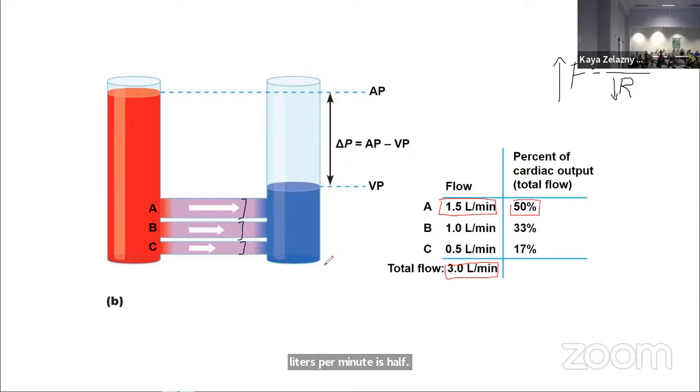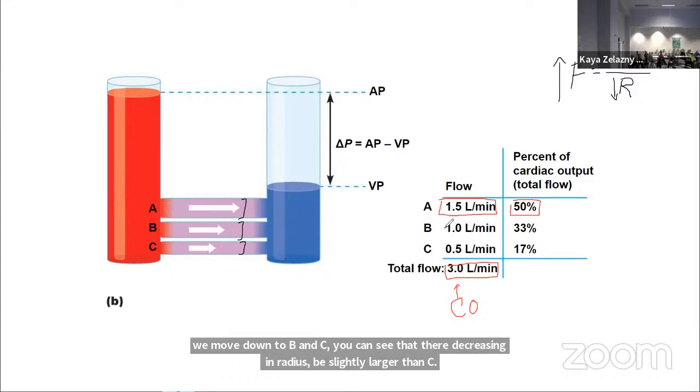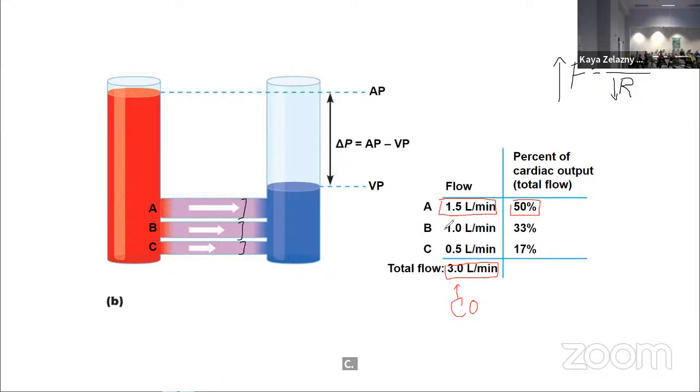And these numbers are the type of range you would expect in your cardiovascular system. So here we have 3.0 liters per minute. We're thinking of this as our cardiac output. So we're saying here that 1.5 liters per minute going to organ A is taking up half of our cardiac output. As we move down to B and C, we can see that they're decreasing in radius, B slightly larger than C. We can see that that has the expected effect on flow, right?